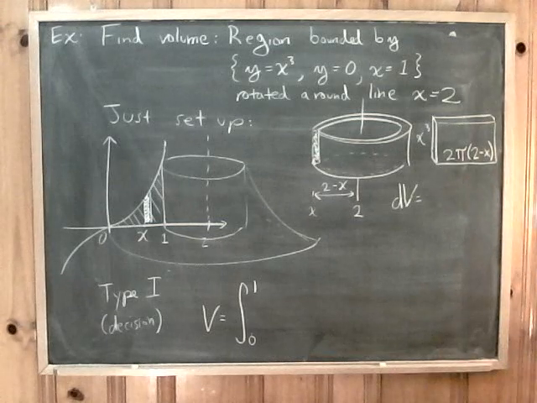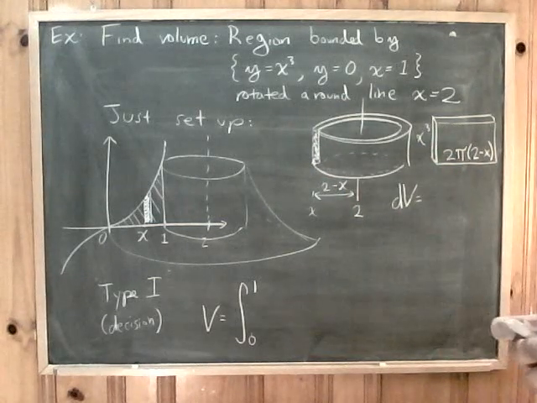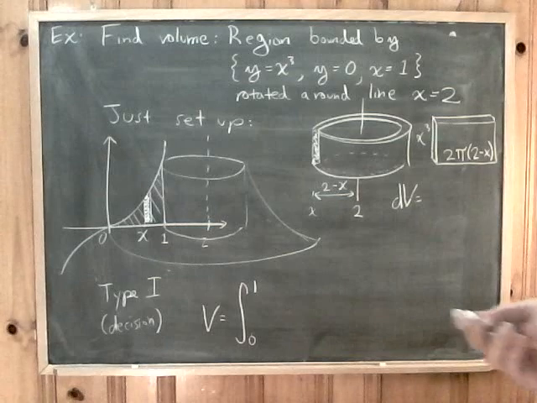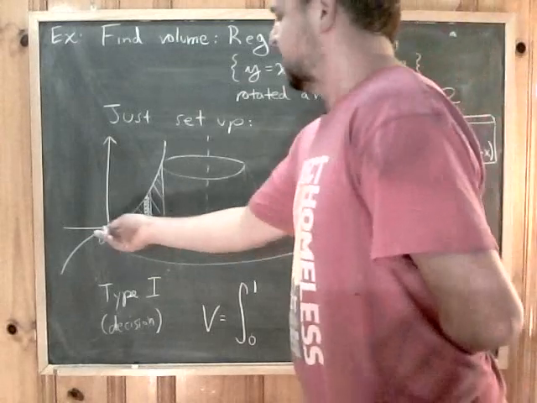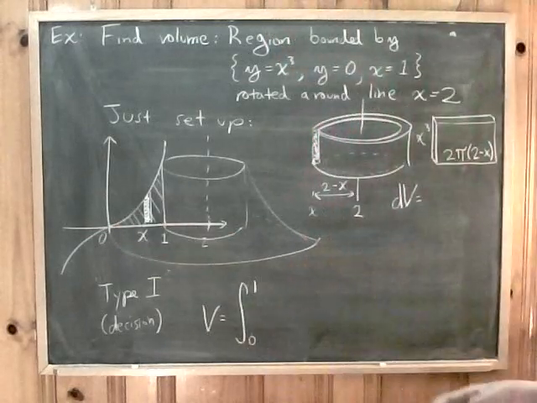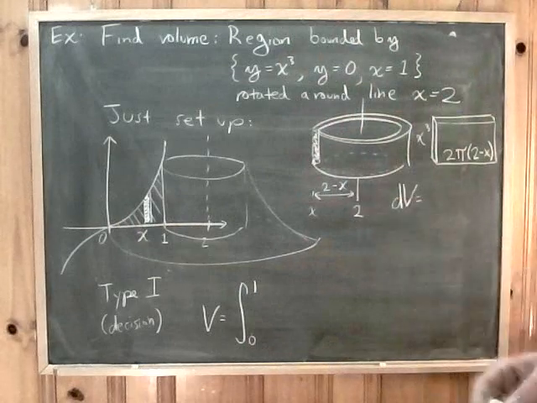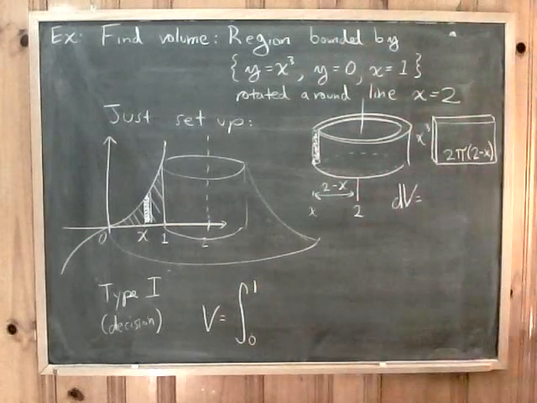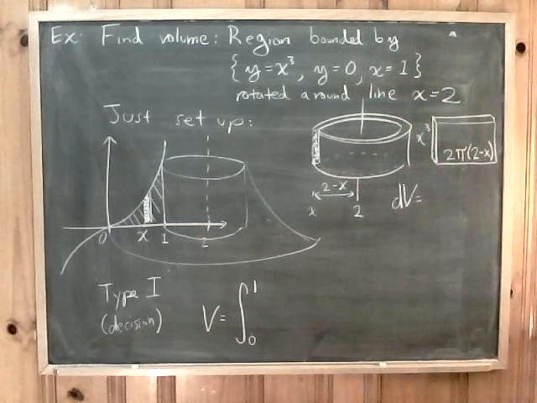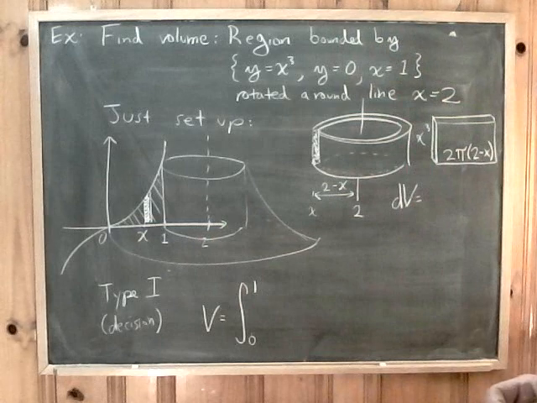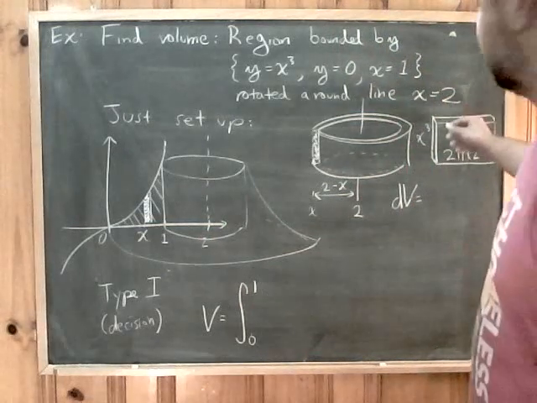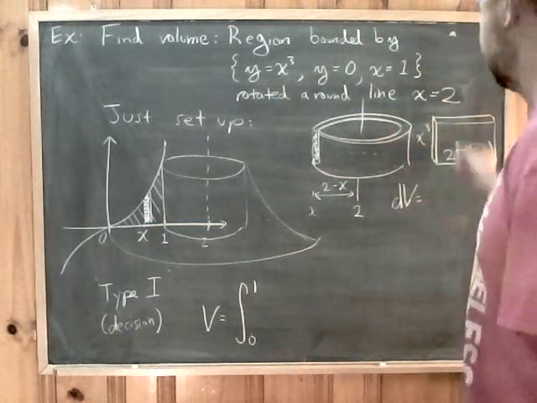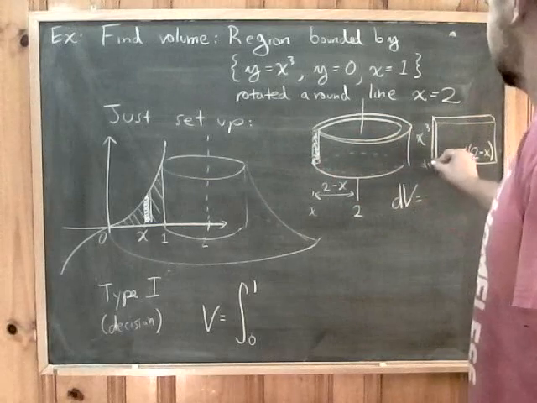So if it was rotated around the y-axis, the usual vertical line, then the radius would just be x, because I would do x minus 0. But since I'm rotating around this line over here, I have to figure out the radius is going to be 2 minus x, the distance from x to 2 every time. And then the thickness of it is dx. Put a dx there.